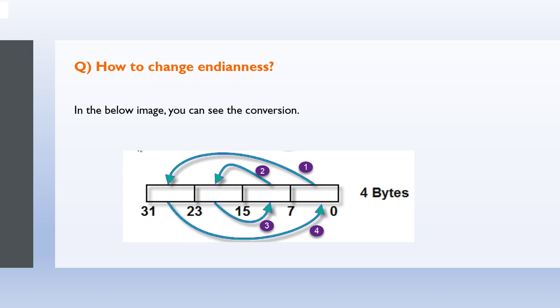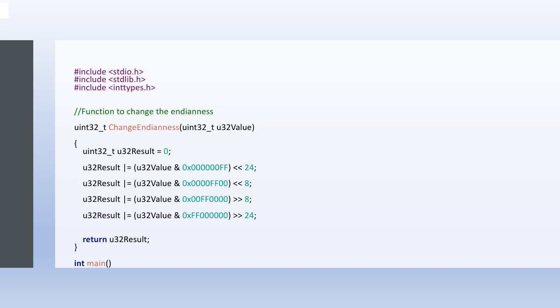Okay, we'll write a small program for this. I take an example of 32-bit. I use the uint32 type, and change endians is the program. What I can do is u32 result equal to the value AND 0xFF, left shift by 24 times. Then move that FF to the next byte and left shift by 8 times, and move that FF to the next byte.